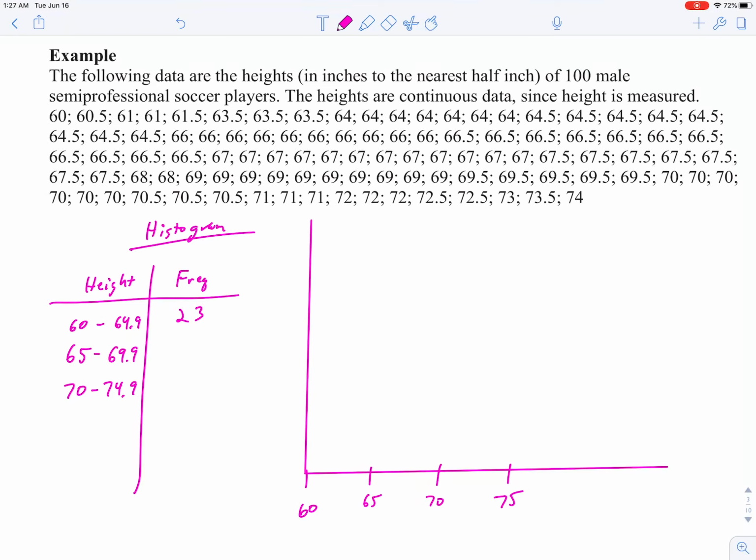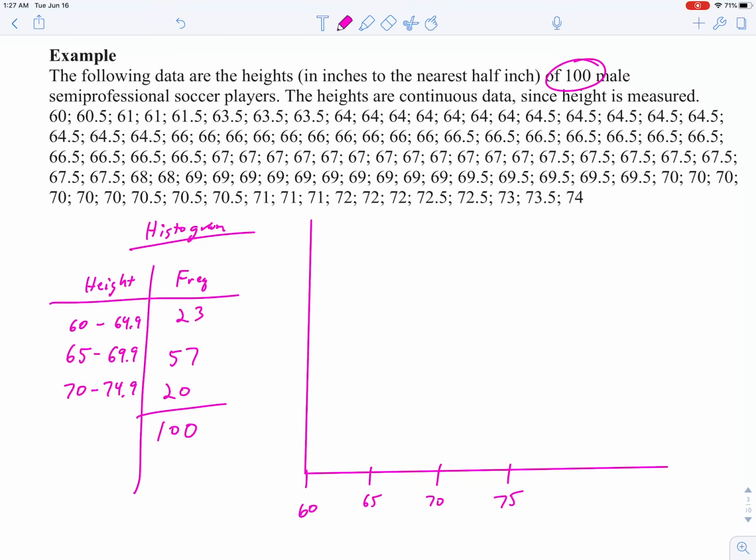But I counted 23 values on this big list from 60 to 64.9, 57 values between 65 and 69.9, and 20 from 70 to 74.9, which works out because they told us there's 100 total. All right, so if we add up all these numbers, yep, we get 100.